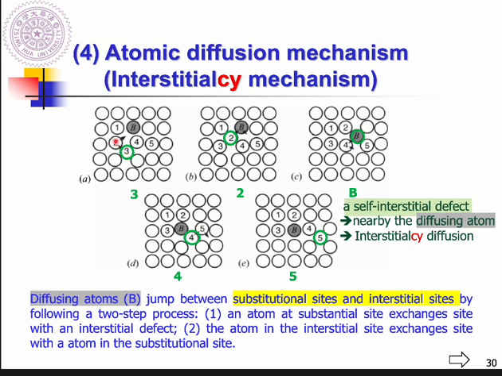So the atom at the interstitial site always exchanges the site with the atom at the substitutional site. This diffusion mechanism we call the interstitialcy mechanism.